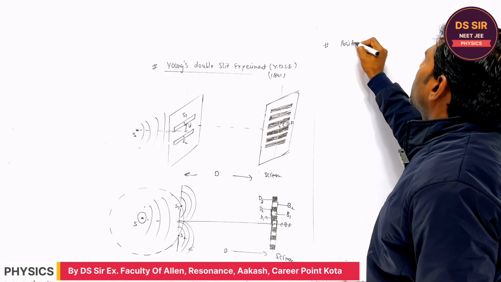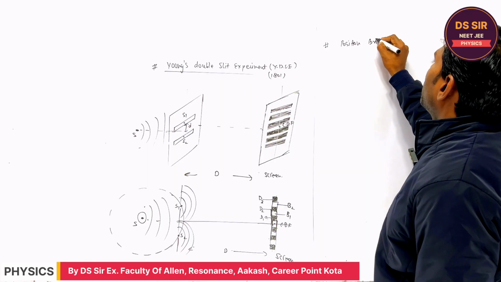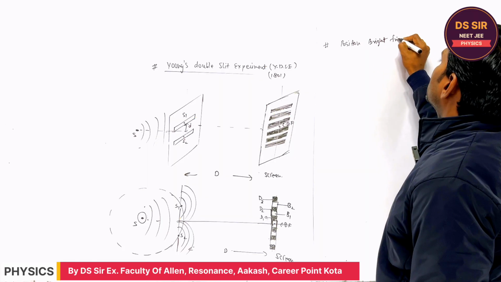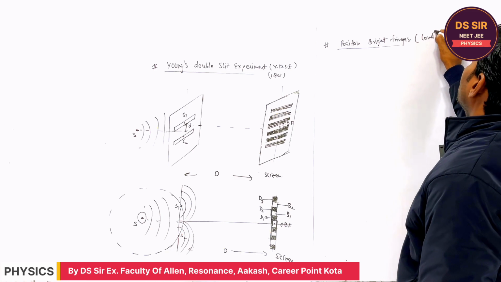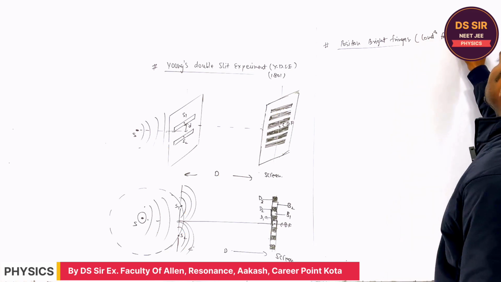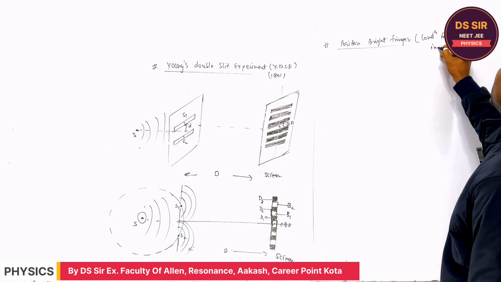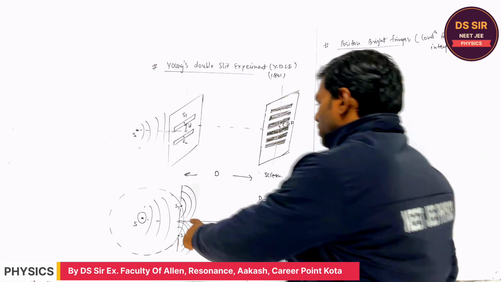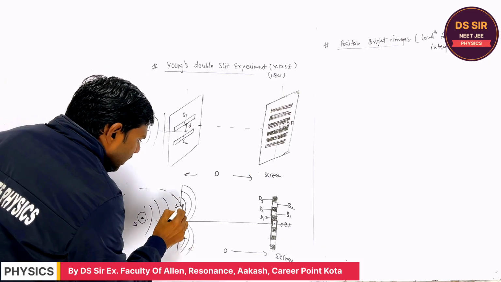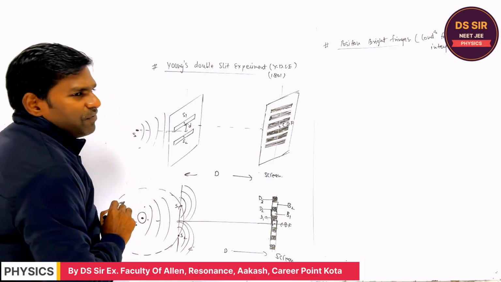Position of constructive interference, positions of bright fringes, or you can say we will apply the condition for constructive interference. First of all, I want to say S1 and S2 are in the same phase, right?